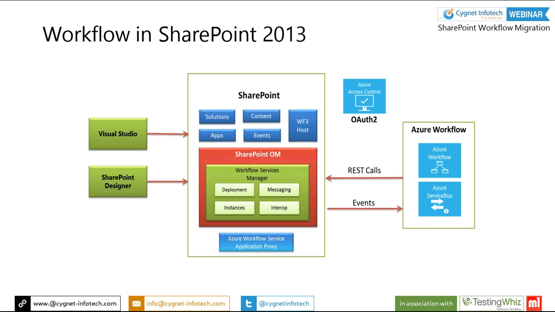In between these two, an OAuth 2 authentication mechanism takes place, and an OAuth token will be passed between these two entities. The OAuth will basically consider the application ID, so it is easier for the SharePoint instance to identify the workflow instance, and the user context will also be passed to identify the initiator of the workflow.